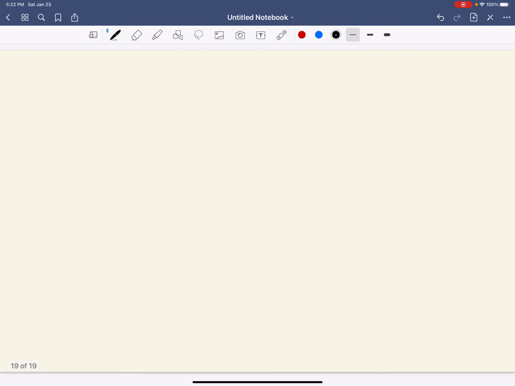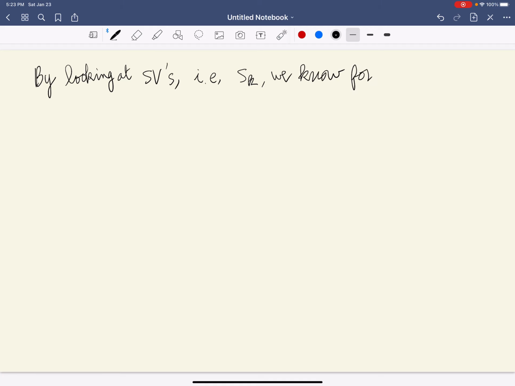Okay, so the lesson that we get from doing a singular value decomposition of a many-body wave function is that by looking at these singular values, that is, a whole bunch of s_k's, we know for sure whether the states were entangled or not.